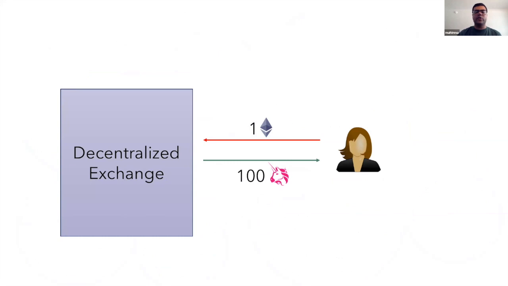Let's say Alice can swap one Ethereum token for 100 Uniswap tokens for one particular ordering. But for a different transaction ordering, Alice could get a worse price of, let's say, just 98 Uniswap tokens. So an adversary that can manipulate the transaction ordering can profit from the difference of these exchange prices by carefully manipulating the ordering or inserting its own transactions.